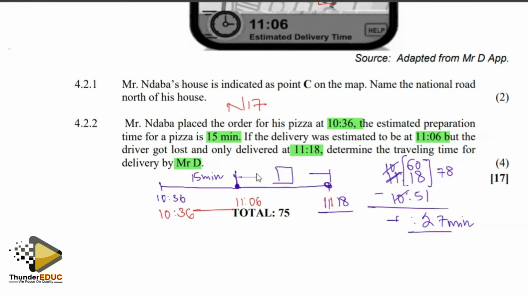So how many minutes have passed? Around 12. So what do we do? We get the preparation time, the 15, plus 12 to find out the time that was lost in between them, which becomes 15 plus 12. The answer became 27 what? Minutes. All right, this is how. If you also think this way, you can also work it out. But we're looking at determining the traveling time for Mr. D.